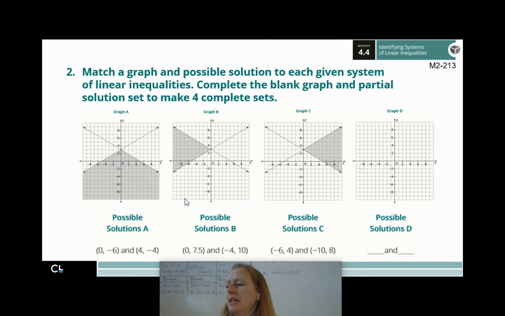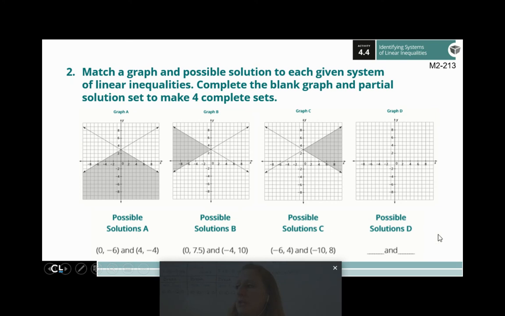I would like you to match a graph and possible solutions. So here we have graphs. I have graph A, graph B, graph C, graph D. I also have underneath possible solutions. So possible solutions A, possible solutions B, possible solutions C. And please notice D is blank on both of these.